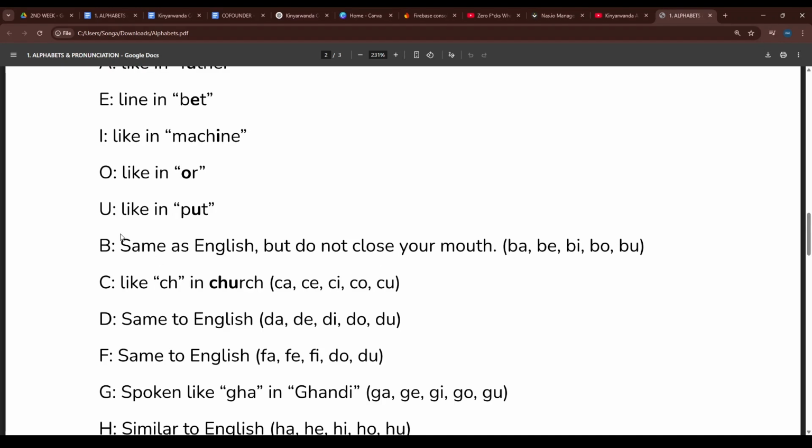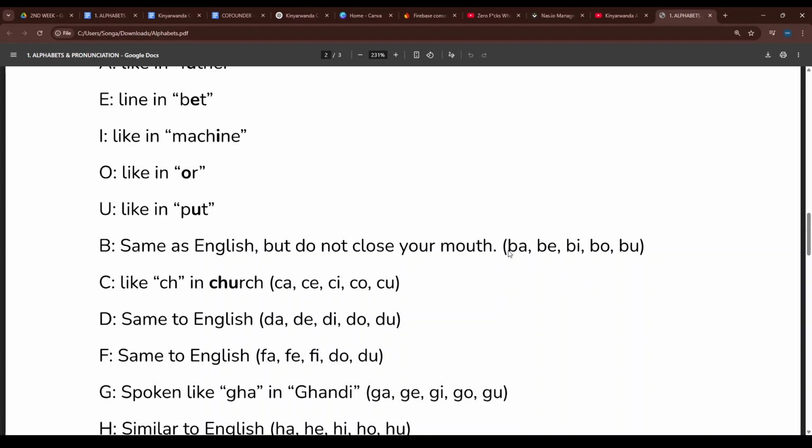So this one, it's like in English we say ba or B, but va, B. To say B, you have to close your mouth almost for a second or 2 seconds. But if you want to say va, you almost close your mouth, but you don't close it while pronouncing this one. It's va.